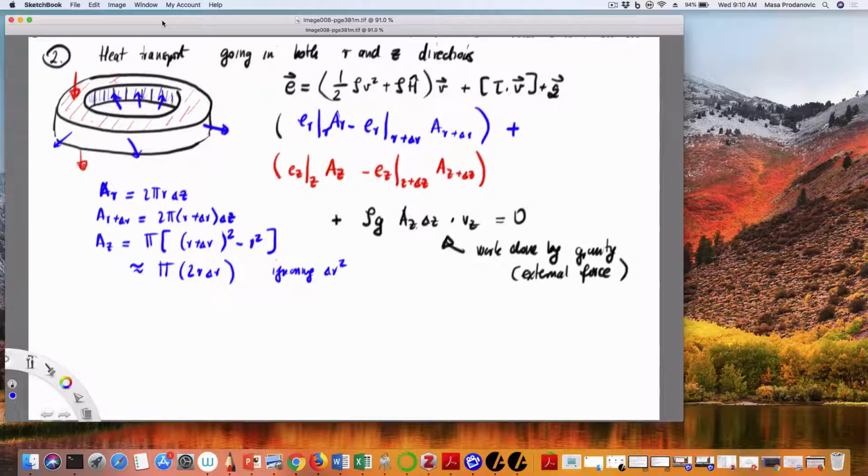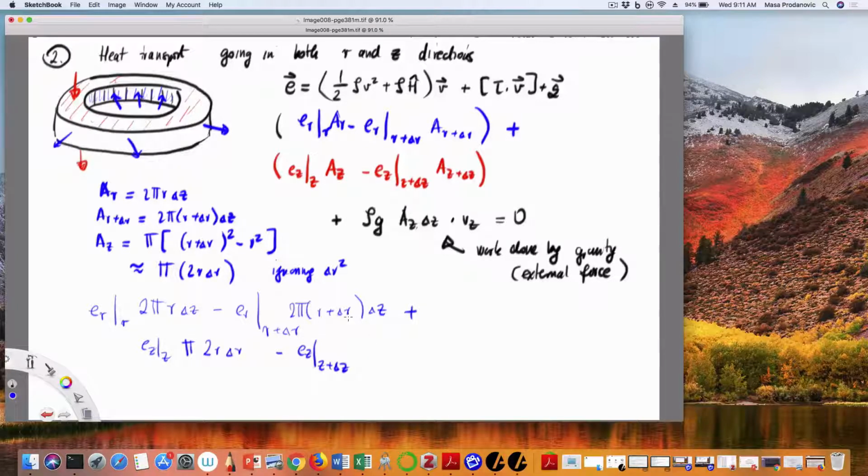So my AR is 2 pi R delta Z. And then my AZ is approximately, similarly to the development we had before, we ignored the second order term, so it's approximately pi times 2 R delta R. AZ is the same as AZ at Z plus delta Z. It doesn't change, the area doesn't change in the Z direction.